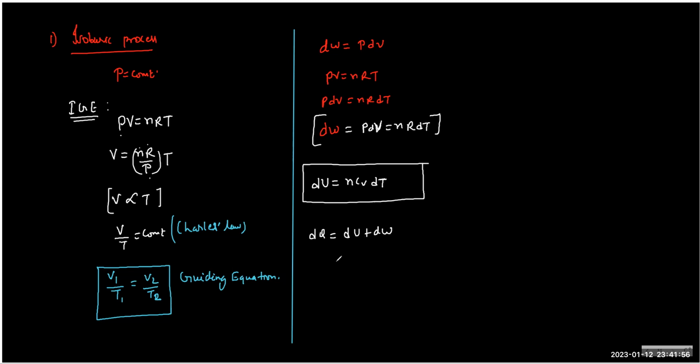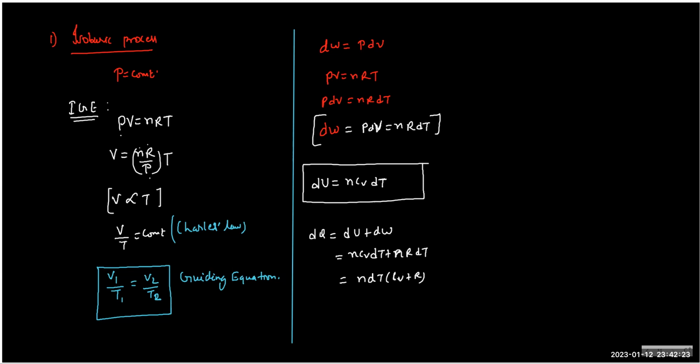But in this process, we know the answer. What we know? It is isobaric. So the direct answer we can also write. And you can see something. I can take n dT common. What will I get? Cv plus R. Yeah. And we know Cv plus R is Cp.